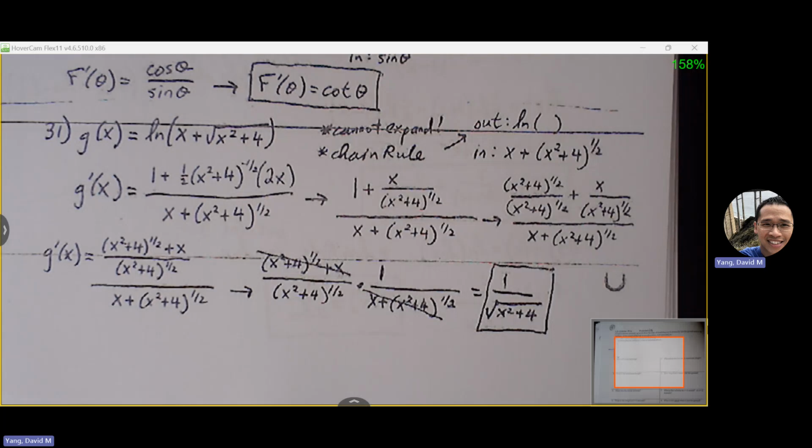Oh, right. For some reason I dropped that little chain rule. Good point.